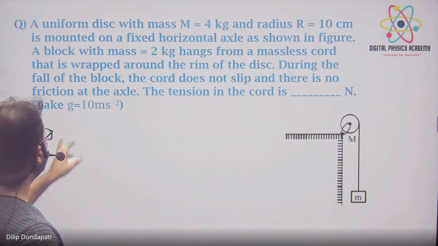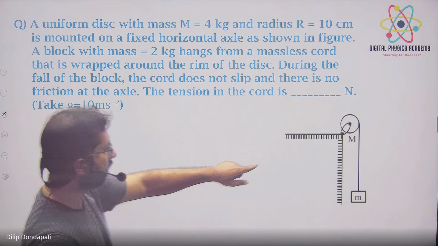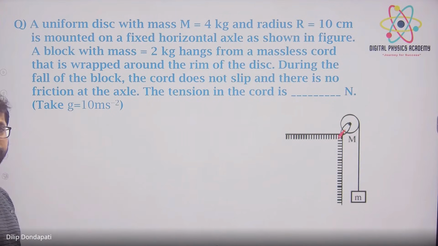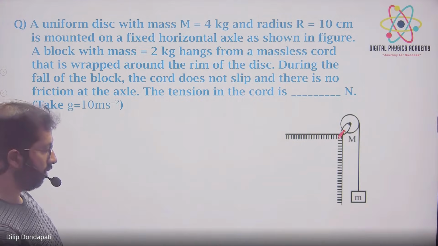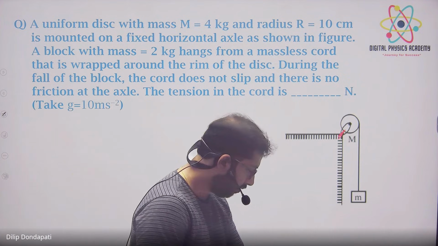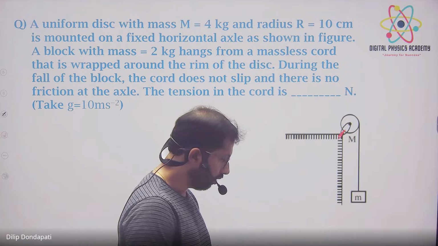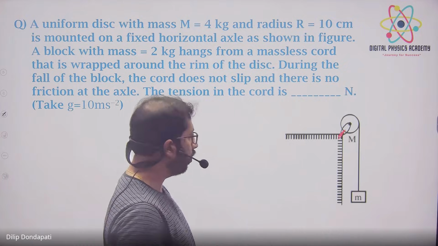There is no friction at the axle. What is the tension in the cord? I of the disc about this point is mr square by 2, right?